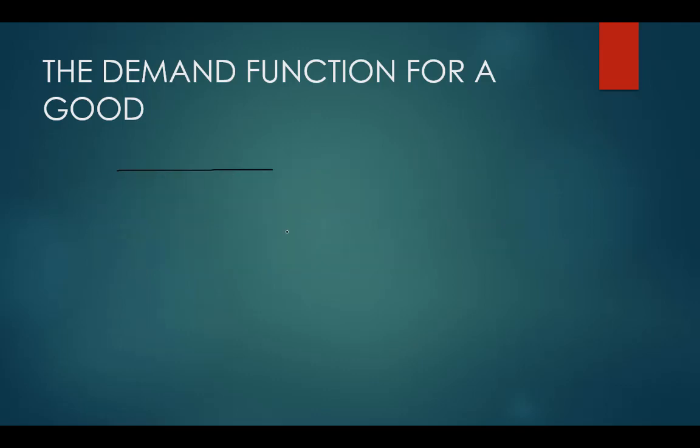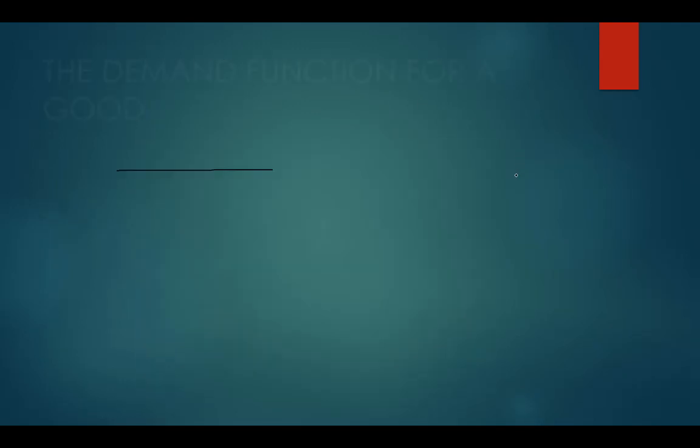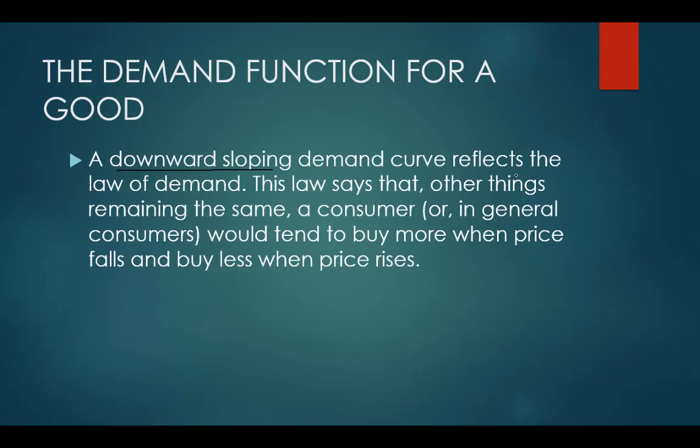For convenience, we can assume the demand curve to be a downward sloping straight line. A downward sloping demand curve reflects the law of demand. This law says that, other things remaining the same, a consumer, or in general consumers, would tend to buy more when price falls and buy less when price rises.